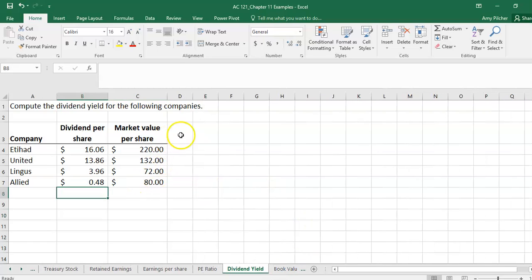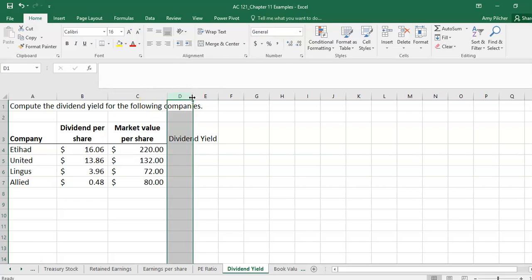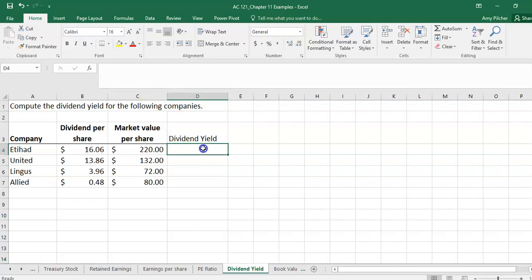Dividend yield shows what growth potential a stock has, along with the PE ratio that also looks at growth potential of stock. In the dividend yield, we take the dividend per share divided by the market value per share.